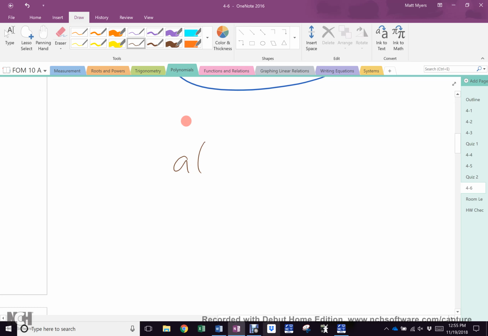What if it is a x to the 4th plus plus? It's going to be x squared and x squared. And what will these have to be? Some factors of a.